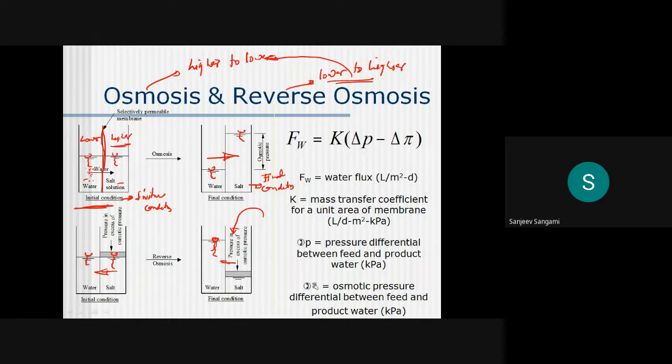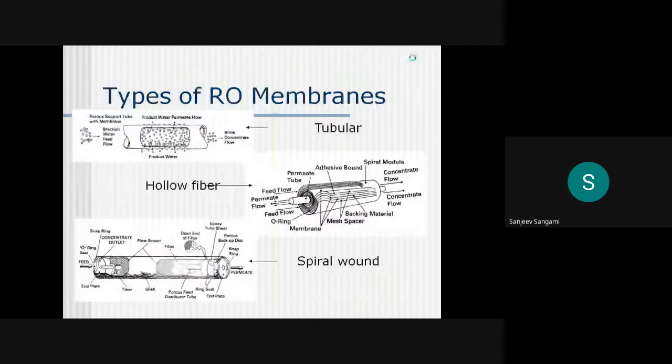This is about osmosis and reverse osmosis. Remember, osmosis is from lower to higher, and this one is higher to lower. Okay. So now, the types of RO membranes.